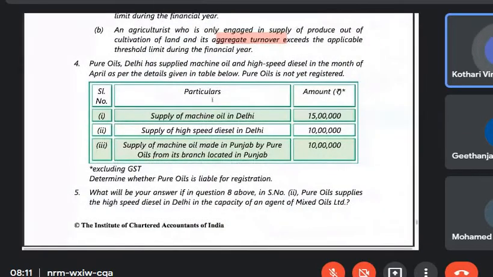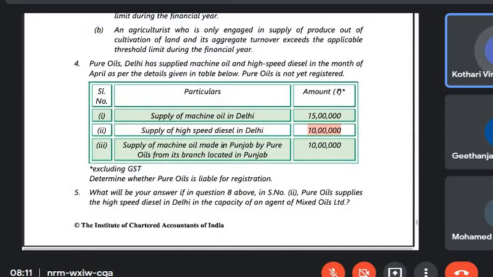So here in this case, what they have said: Pure Oil, Delhi has supplied machine oil and high-speed diesel in the month of April as per the details given in the table below. Pure Oil is not yet registered. Supply of machine oil in Delhi, 15 lakhs. Supply of high-speed diesel, 10 lakhs.